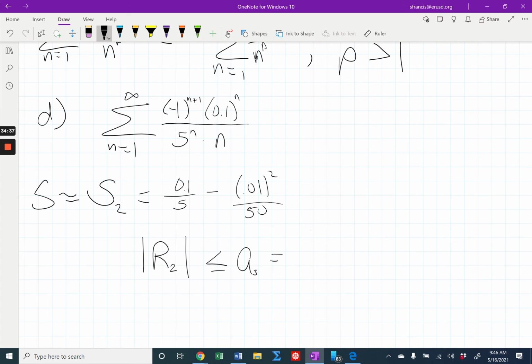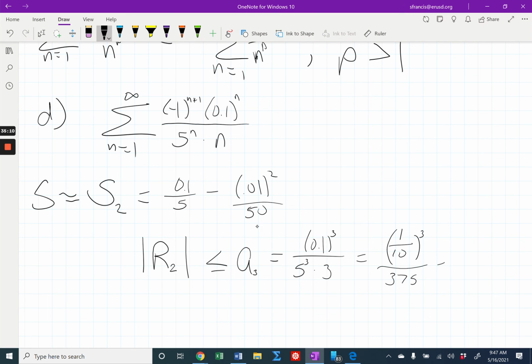But we're going to end up with 0.1 cubed over 5 cubed times 3, and then you just have to show this number is smaller than 1 over 300,000. So just basically simplify it as a fraction until you can state that that's in fact true. So 0.1 cubed is 1 over 10 cubed, that's 1 over 1,000. And 5 cubed is 125, times 3 is going to be 375.